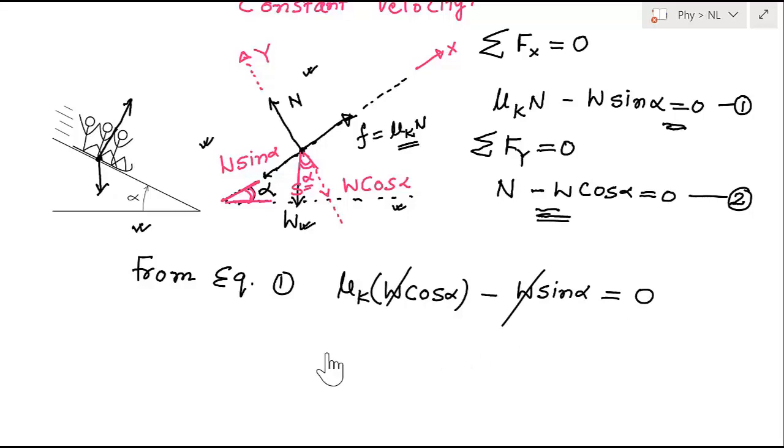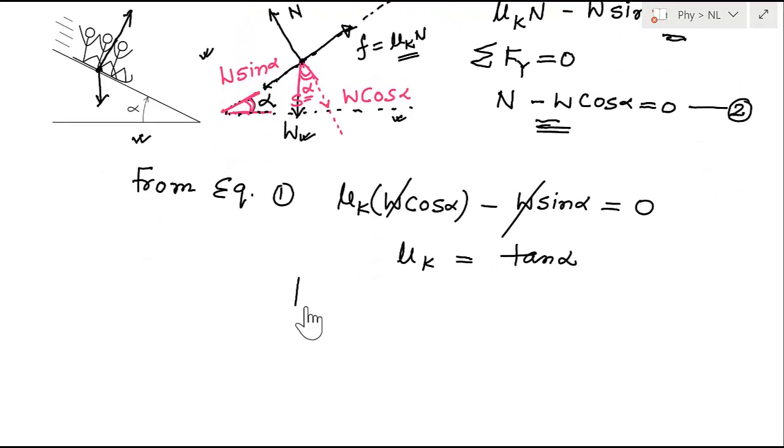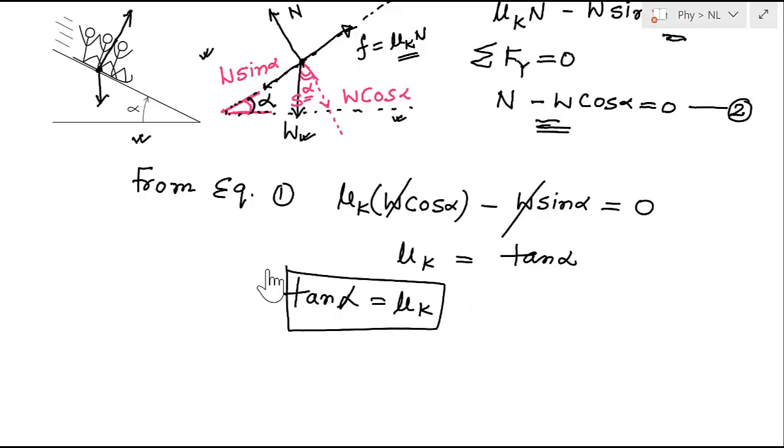W cancels out, so we will have mu k equals tan alpha. So tan alpha equals mu k. One important observation: this angle alpha does not depend upon the weight of the toboggan, that is W.